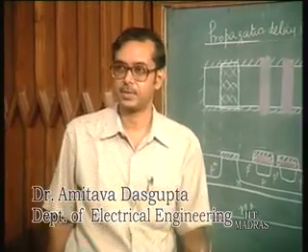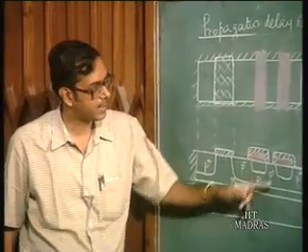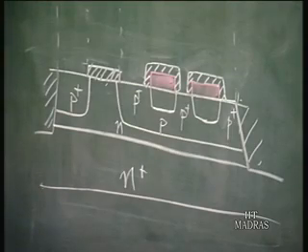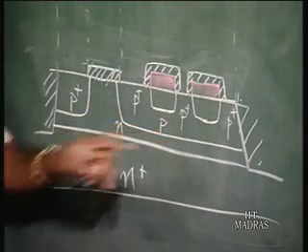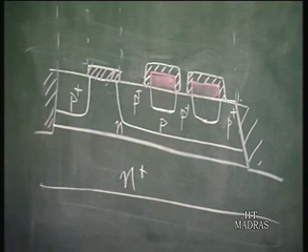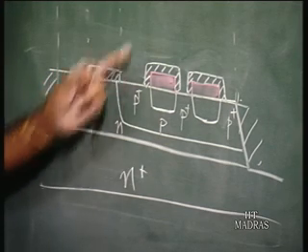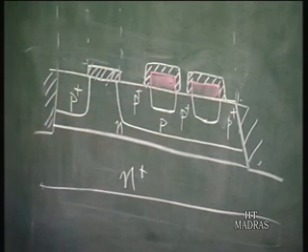So automatically these regions become p plus, whereas under the collector it is still p. It is only in these regions. And then you do the metallization.